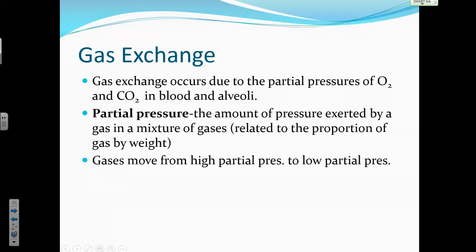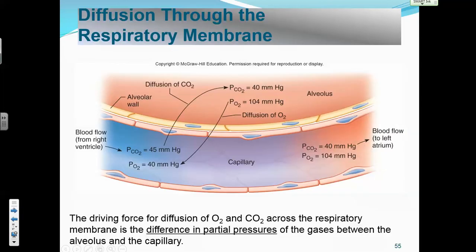But individual gases in a mixture of gases move from an area of high partial pressure to an area of low partial pressure. So here you can see at an alveolus, if you look at the incoming blood from the right ventricle, remember that's the deoxygenated blood.